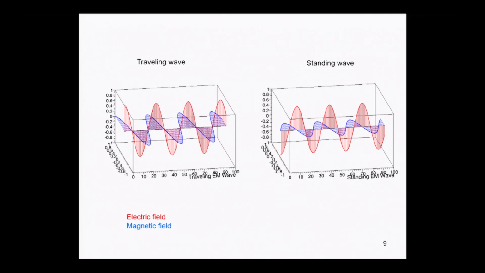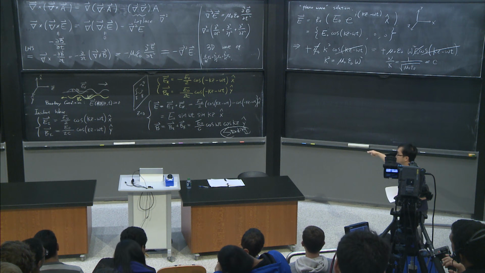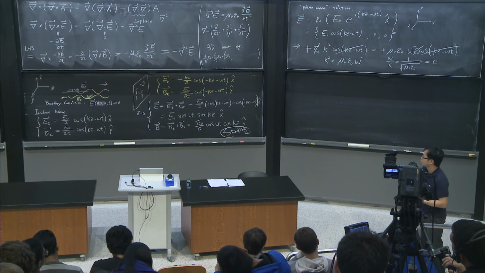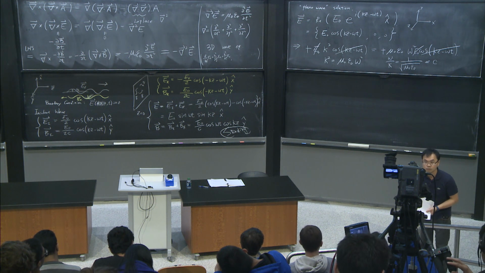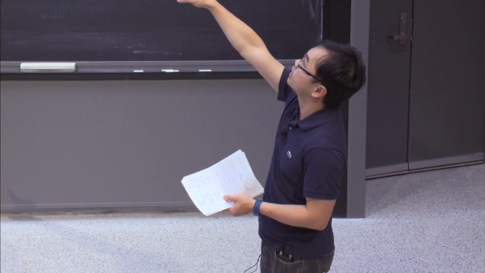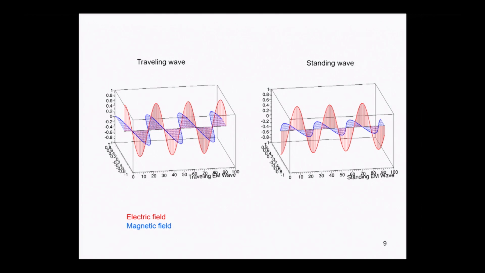There's no phase difference. In the case of the superposition of the incident and the reflected wave, the solution of a standing wave, you can see that the phases of the B field and the E field are different.